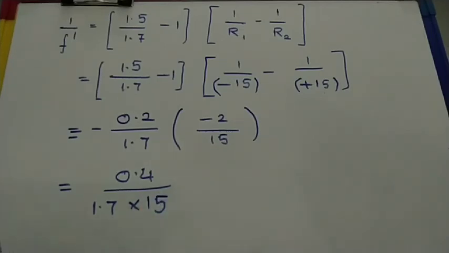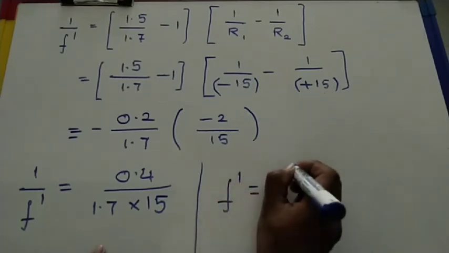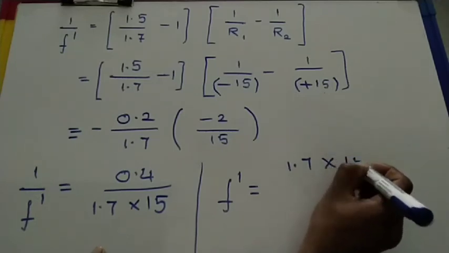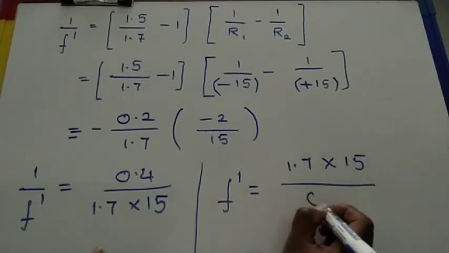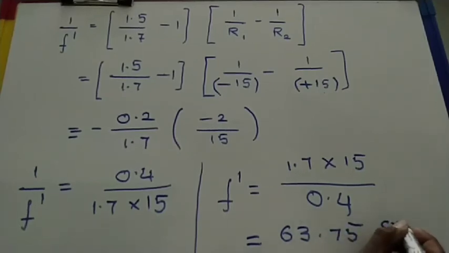What is this? 1 by f dash. That means f dash is equal to 1.7 into 15 whole by 0.4. That is equal to 63.75 centimeters.